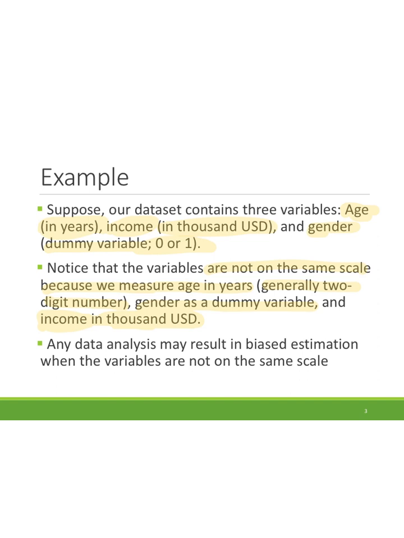So if I estimate anything, the result will be more biased towards the income variable rather than age and gender. So any results coming from my analysis are not correct. Any data analysis may result in biased estimation when the variables are not on the same scale.